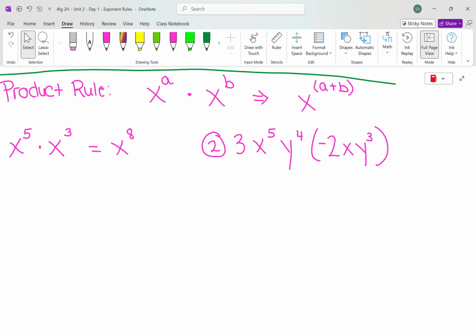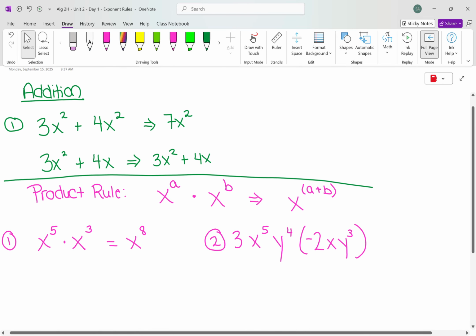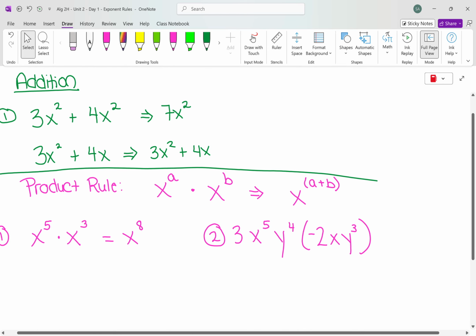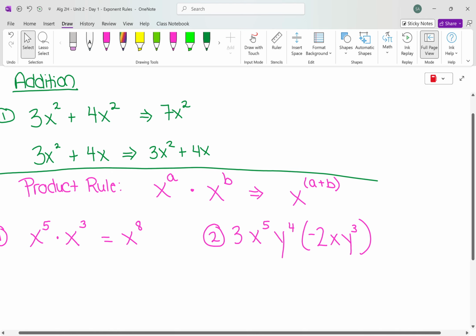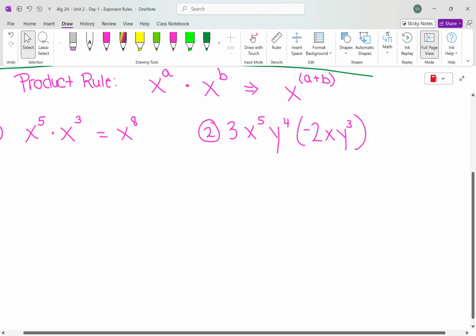When we have polynomials, a monomial is one term, a binomial is two terms, a trinomial is three terms. Anything bigger than a trinomial, we just call a polynomial. So these are still monomials. What makes a monomial different than, let's say, a binomial? Like up top for addition, those were binomials.